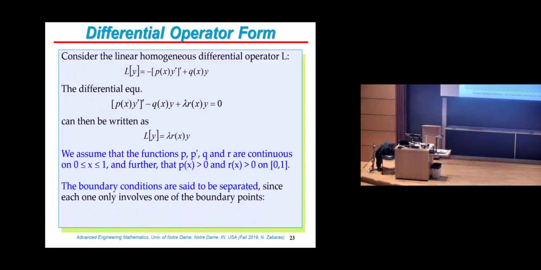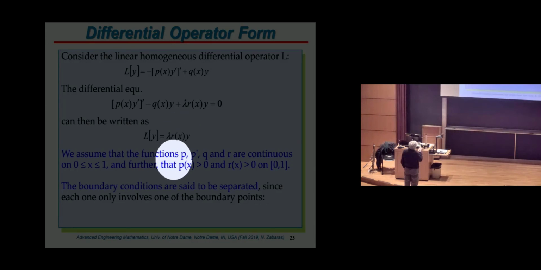Now, I need to put some constraints on all the functions to make all the theorems that I'm going to show you work. So let me just state some of the constraints. You need to have p, the derivative of p, q and r to be continuous on 0 to 1. I mean, if you think about it, it makes sense. If you take this derivative, you're going to have two terms.